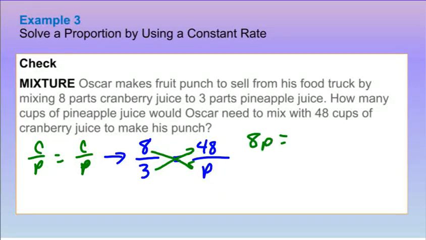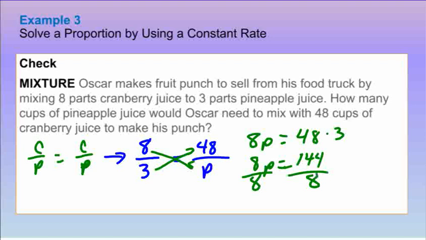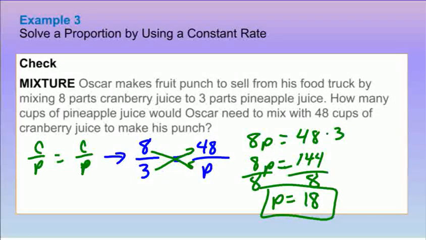So I have 8P equals 48 times 3, which gives us 144. Divide by 8. 144 divided by 8 gives us 18, so you would need 18 cups of pineapple juice.